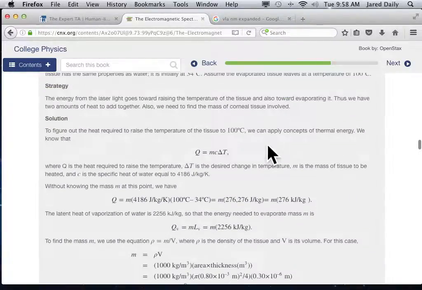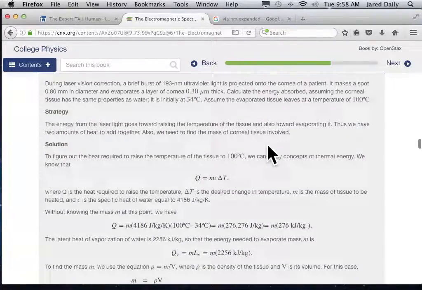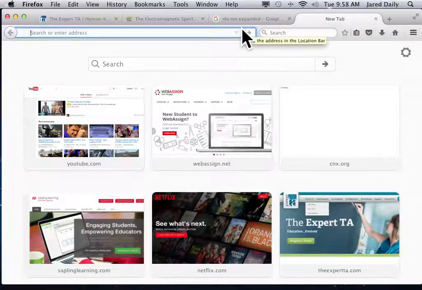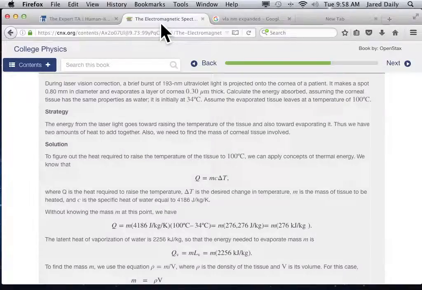So in LASIK surgery, what they do is your cornea has this shape to it. The cornea is kind of like part of the lensing system of your eye. It's not the actual lens of your eye, but it is part of the lensing system of your eye.